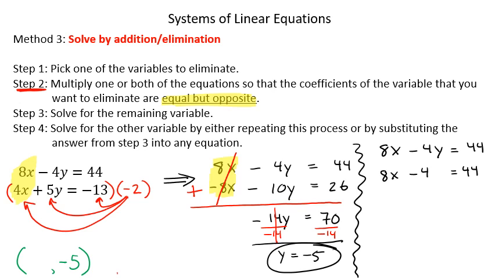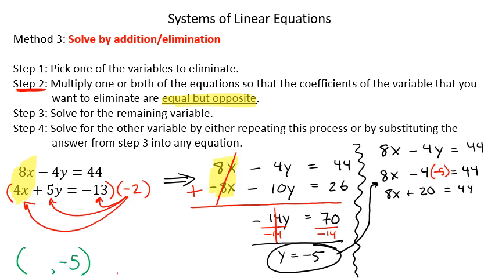It was a temporary placeholder. Now we know it's equal to -5. So we're basically taking the -5 and we're placing it in for the letter y. All right, so 8x, that's going to be plus 20. -4 times the -5 is a positive 20, equals 44.